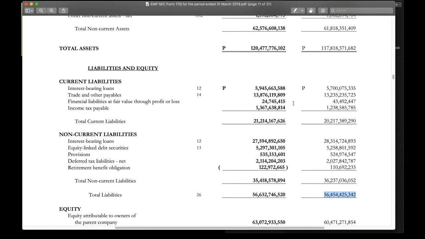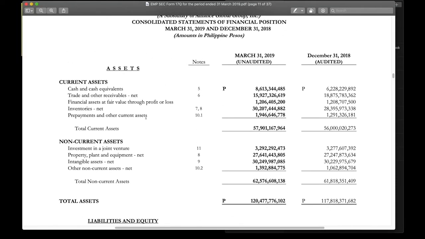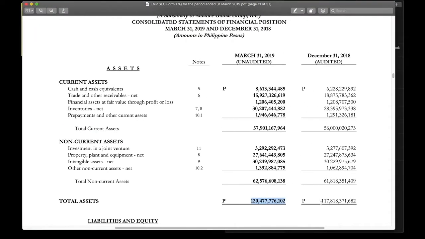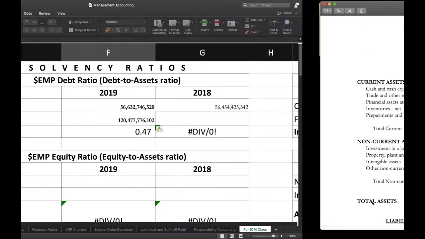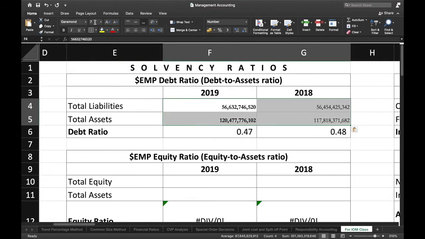And for the total assets, same doon sa kanina, total assets is the total current assets and the total non-current assets. So, total assets ang meron tayo. Copy-paste natin, 2019 and 2018. Okay, so 12.